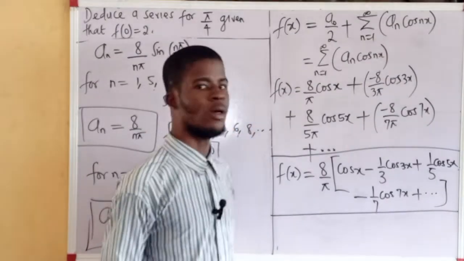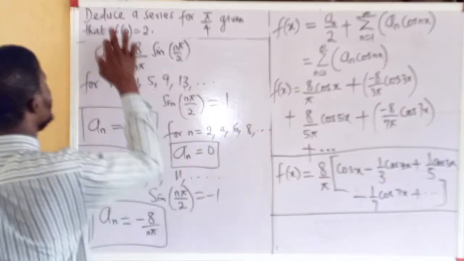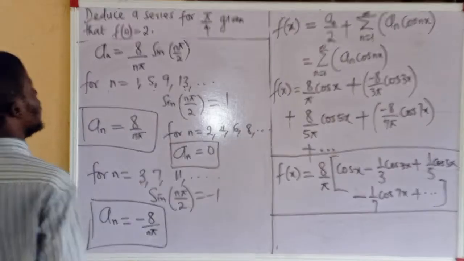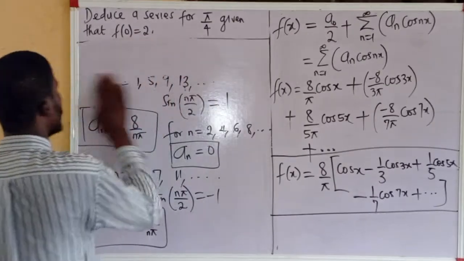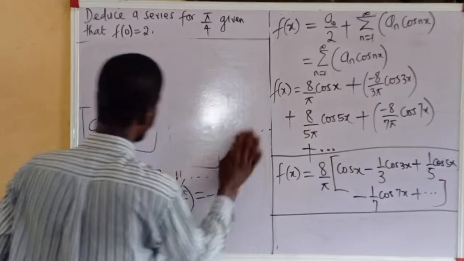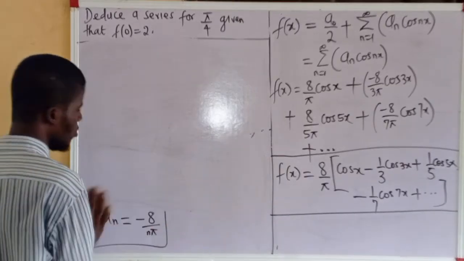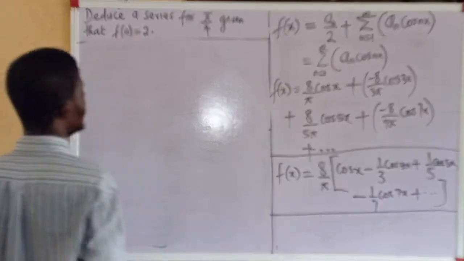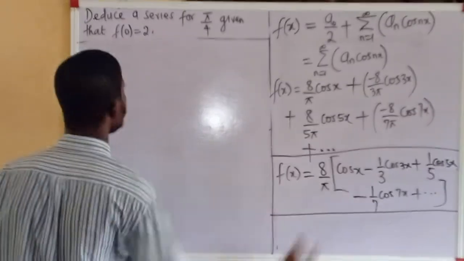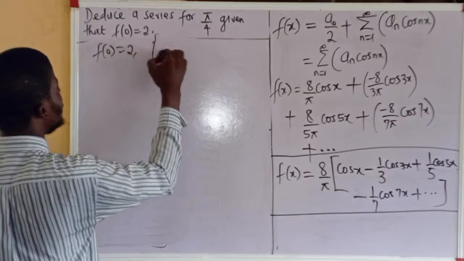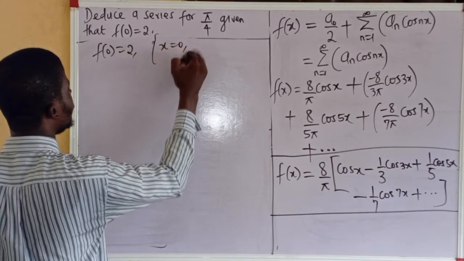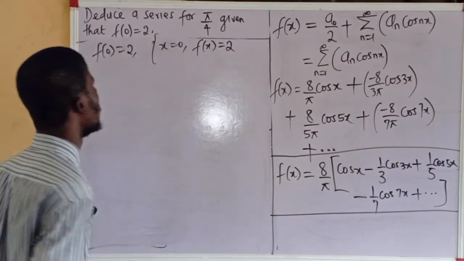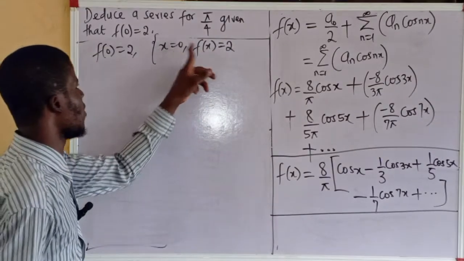Now let's finish the job. We are told to deduce a series for pi over 4, given that f of 0 is equal to 2. How do we do this? Just watch and see how it's going to be done. Now, this is what f of x is. F of 0 equal to 2 means that when x is equal to 0, f of x is equal to 2.